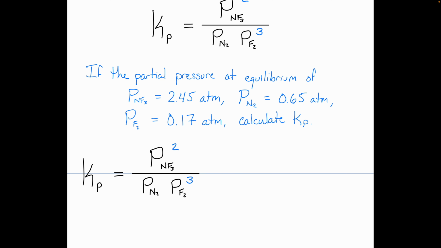All right, so I'm going to plug in the pressure of my product. That was that there. Pressure of my nitrogen. And finally, the pressure of hydrogen. Just plug in those values for my problem.